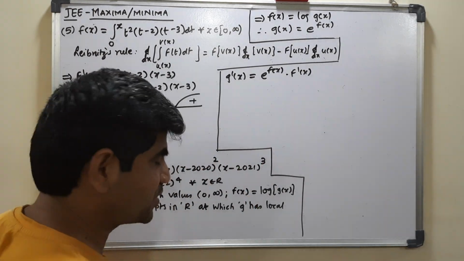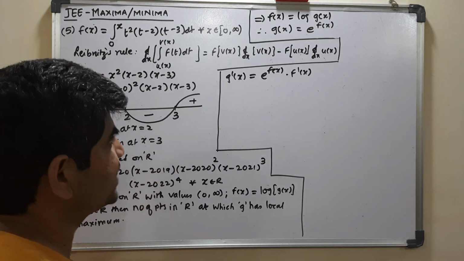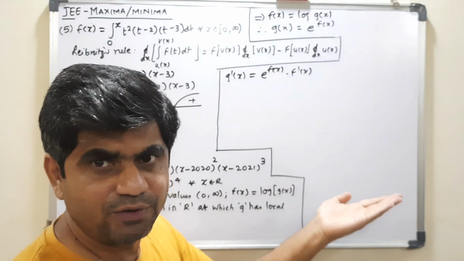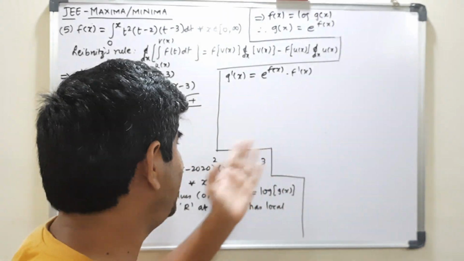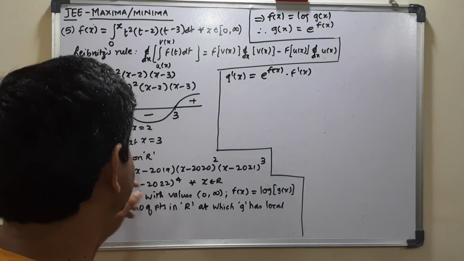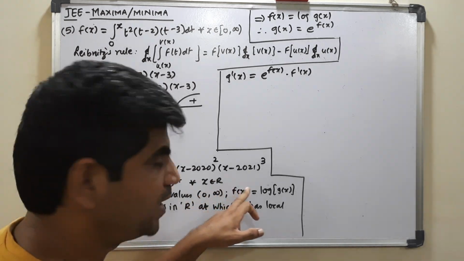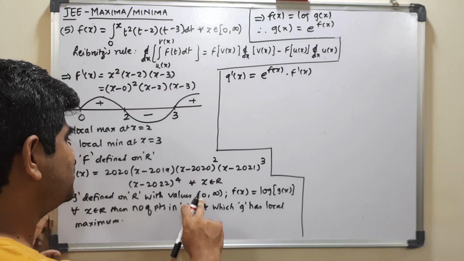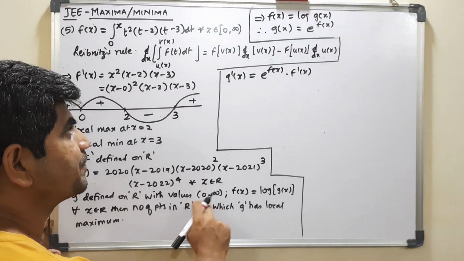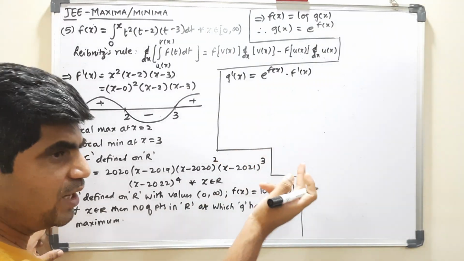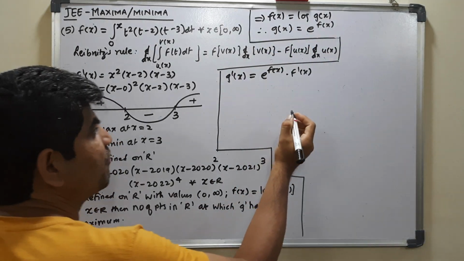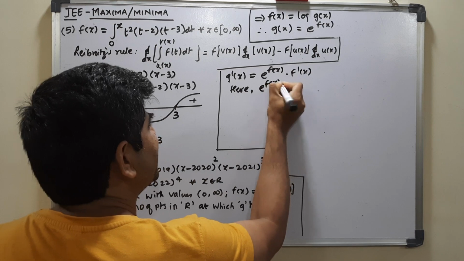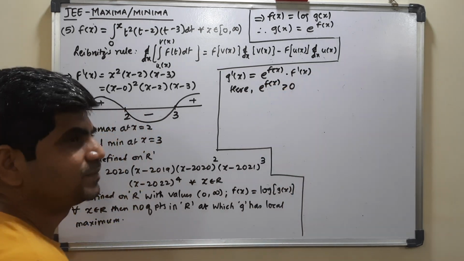Now g dash x is equal to e raised to f of x. Whatever is the function of x, e raised to positive value or negative value does not matter, and it is told that g is taking values from 0 to infinity, right? So all positive values, and e raised to f of x will always be positive only.